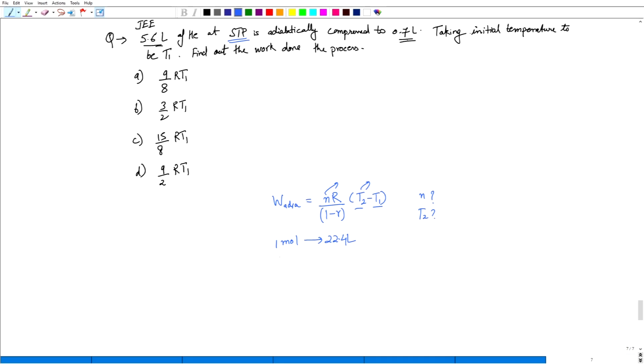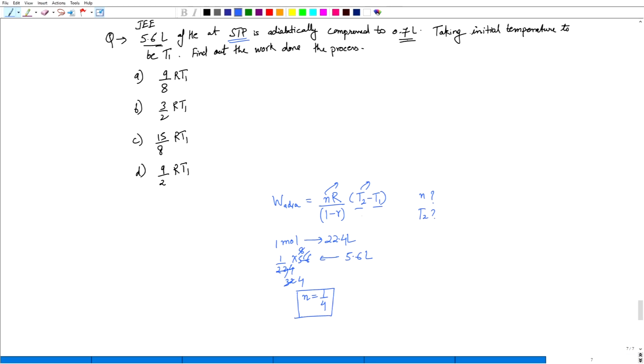So that is 1 divided by 22.4, into 5.6. So moles in 5.6 liter of gas, the value of n is 1 by 4.